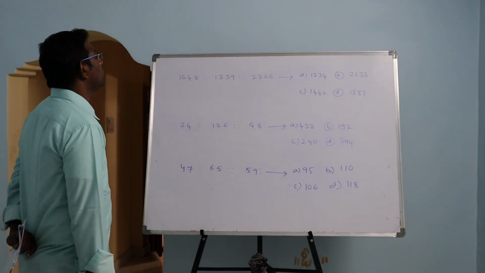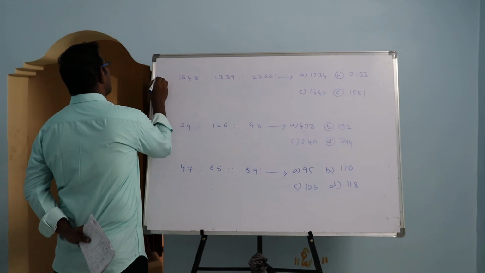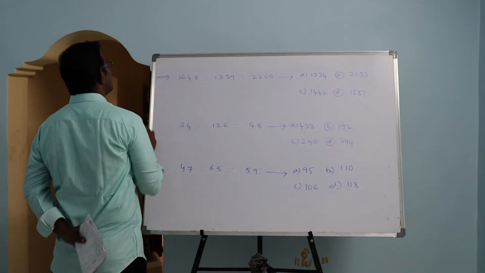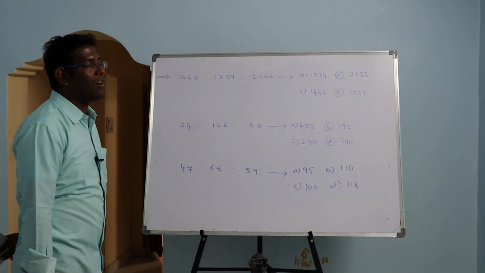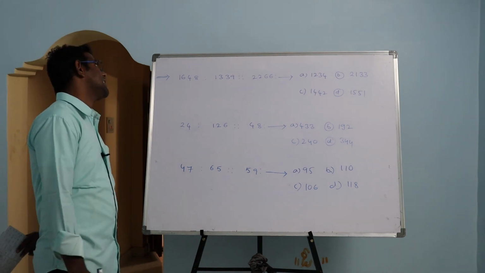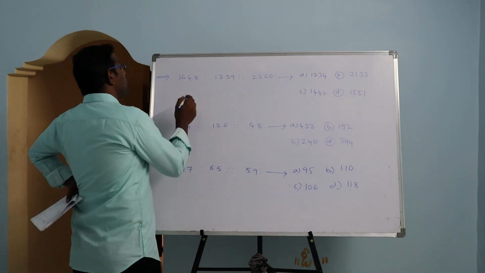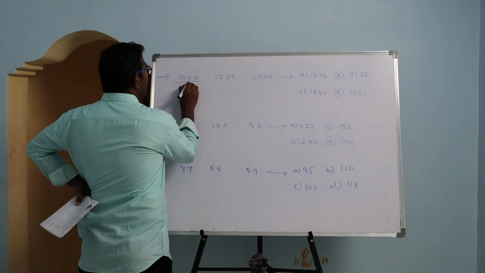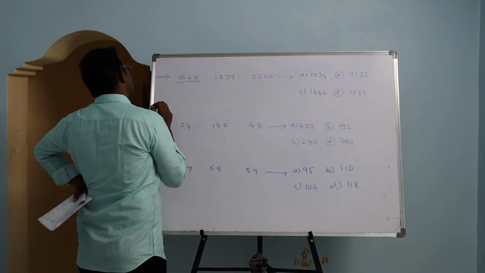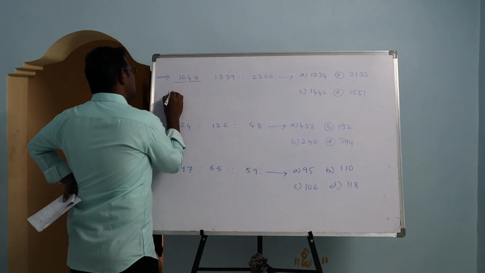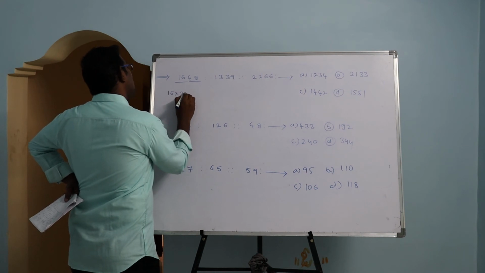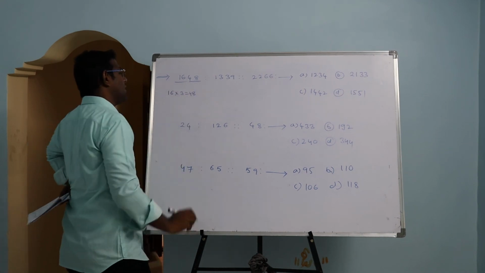Some of the analogy questions are solved by working out problems. If it is not in the options, then we can do it option-wise. How can you write 1648? 1648 is split into two numbers. 16 threes are how much? It is 48.